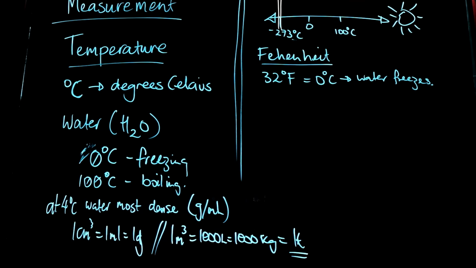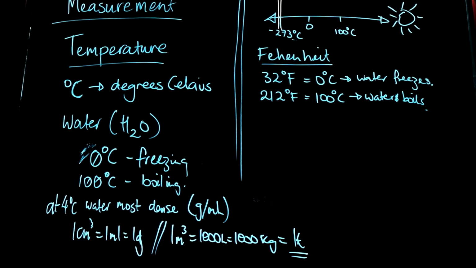Okay, so that's a landmark that we need to remember, and if we remember that, we're off to a really good start. And by the same token, we've got this other measurement here at 212 degrees Fahrenheit. That's when water boils.